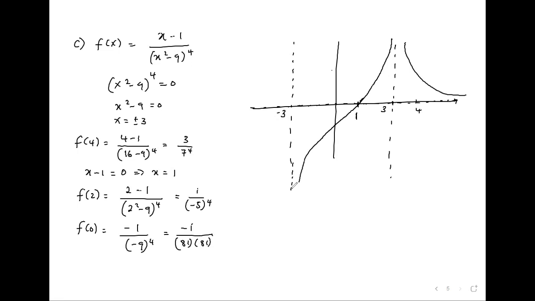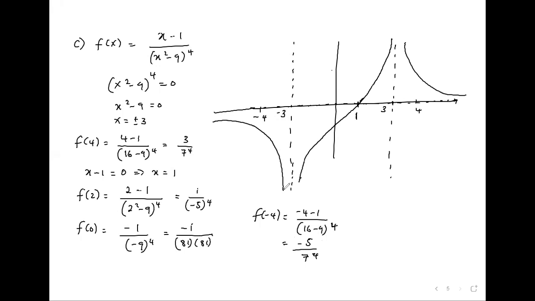And then we pick from left. Let's pick -4. We substitute f of -4, giving us -4 minus 1 over -4 squared, that's 16 minus 9, to the power 4. So this is going to be -5 over 7 to the power 4, which is a negative number. So this graph is coming like this.